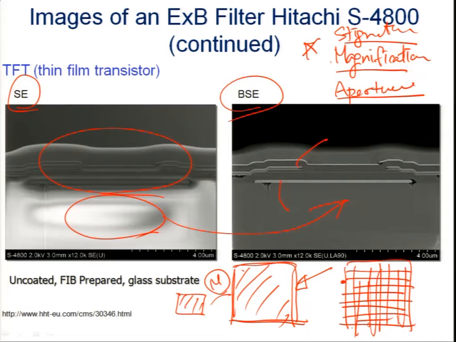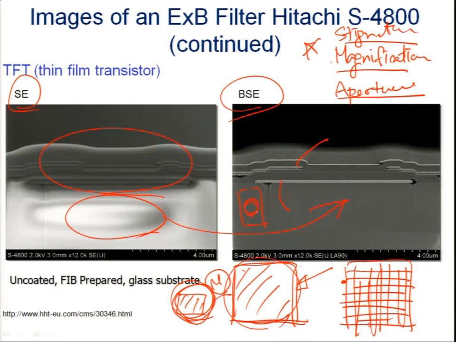So at low magnification, this area and this area are almost getting closer. That means if you have a certain number of pixels on your screen, as this area gets bigger and bigger, the pixel size is relatively bigger than your electron beam size.